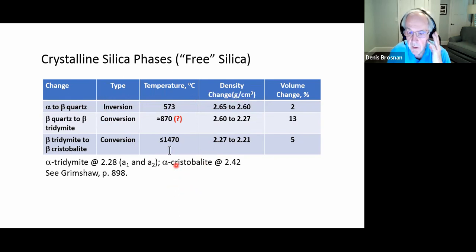Now, the temperature of cristobalite formation, I said, is less than or equal to 1470. Theoretically, it's 1470. But I see cristobalite formed in ceramics as low as about 1250 degrees Celsius, maybe a little bit lower than that.